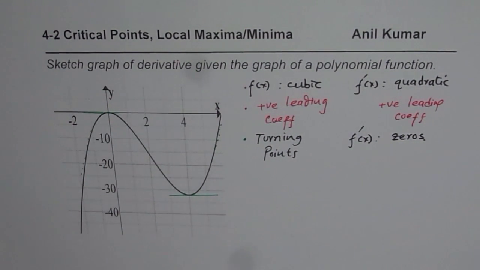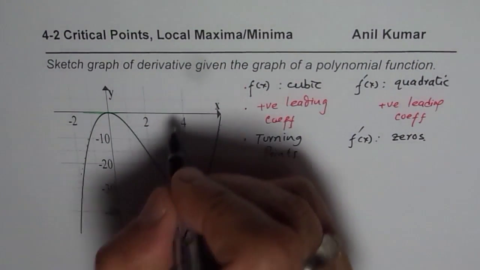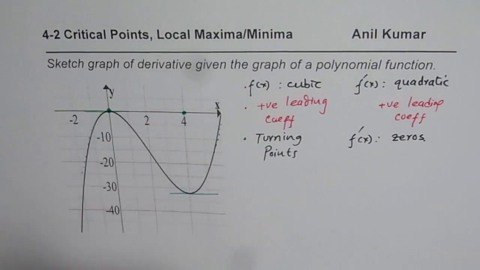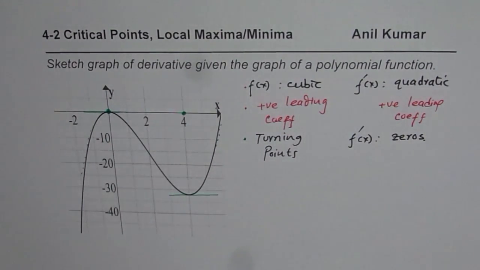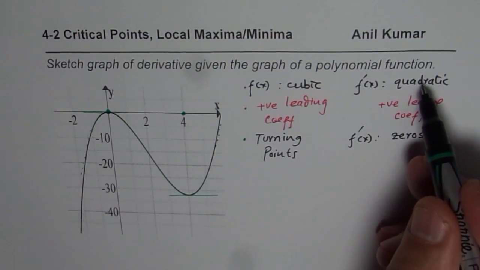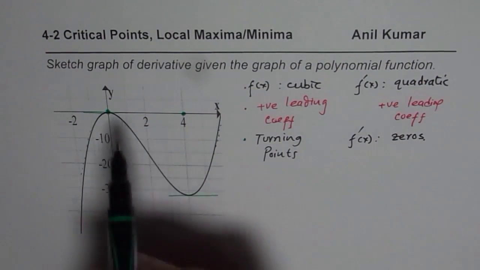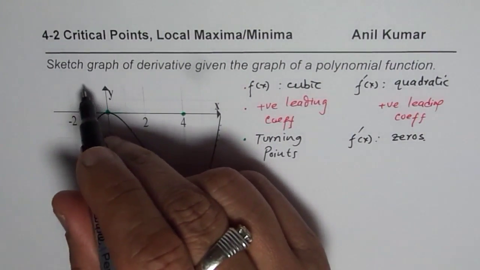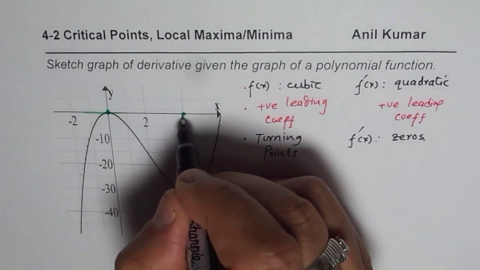So there are two zeros which I can now mark for the derivative of the function. One zero will be at x equals 4, the other at x equals 0. Now if it is a quadratic function with two zeros, a parabola opening upwards, then we have most of the information to sketch the parabola.